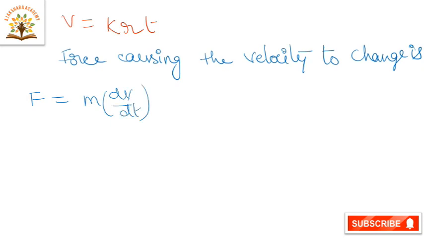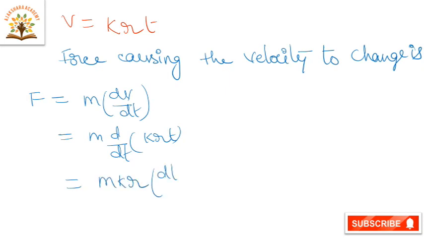So this is acceleration, nothing but change in velocity by time. So that is equals to m into d by dt of v, here v we are getting k r t. So F is equals to m k r into dt by dt. dt gets cancelled. Now F is equals to m k r.